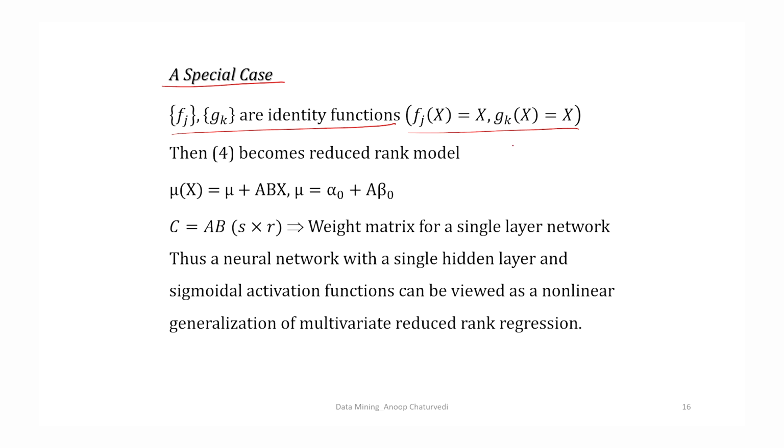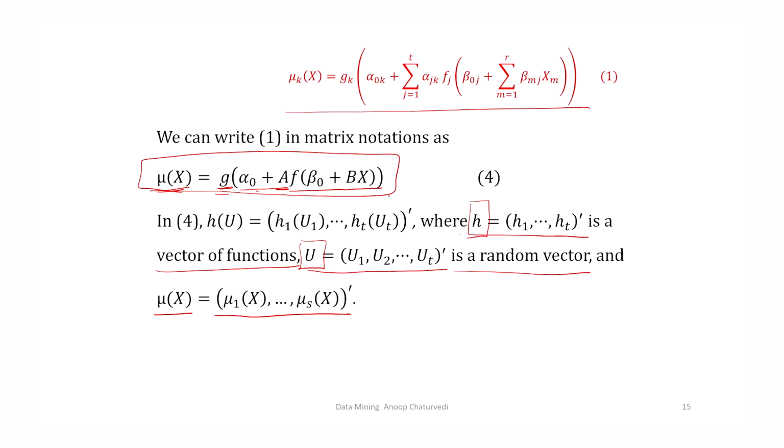We get mu of x equal to mu plus AB x, where mu is equal to alpha naught plus A beta naught. In fact, in this relation, f of beta naught plus B x is equal to beta naught plus B x. So, you get alpha naught plus A times beta naught plus B x.